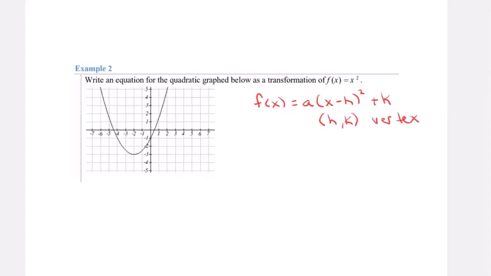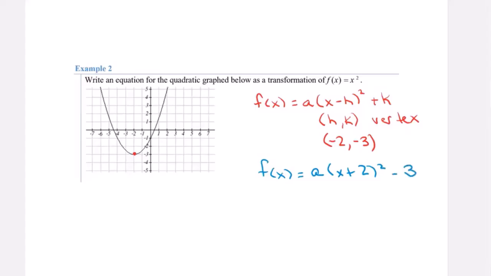So here's my vertex. Since I know that, I know (h, k), which is (-2, -3). So now we can write f of x is equal to a times x plus 2, because it's minus minus 2, or plus 2, squared minus 3.